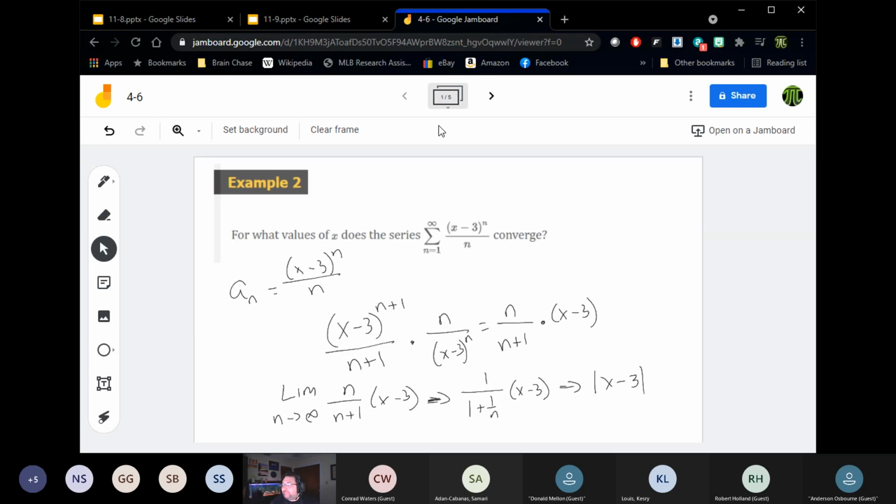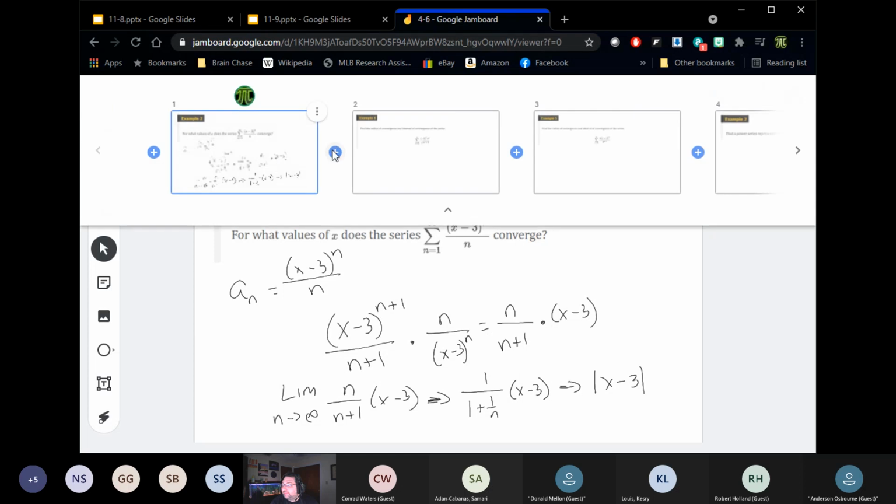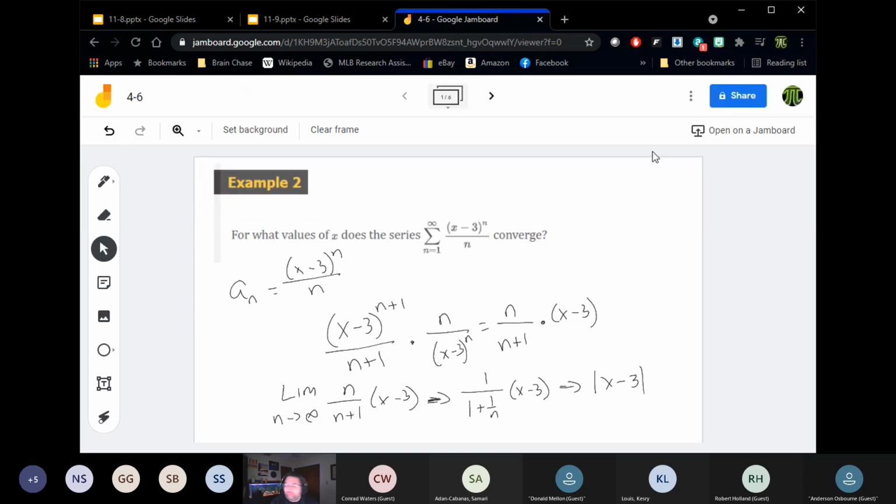Now, the next piece we have to do on this, so we now know that since it's a ratio test, I know the ratio test converges when it's less than 1, and it diverges when it's greater than 1.